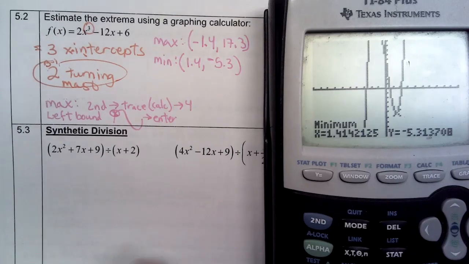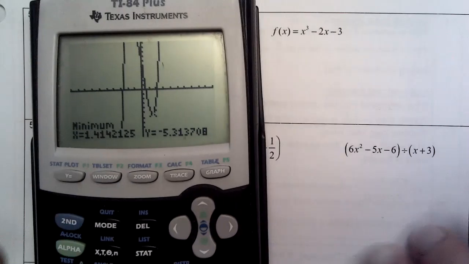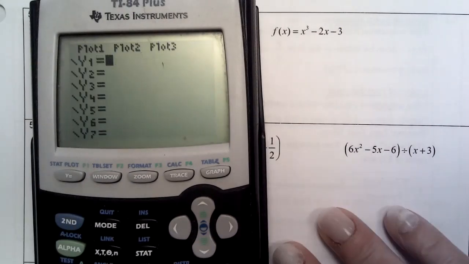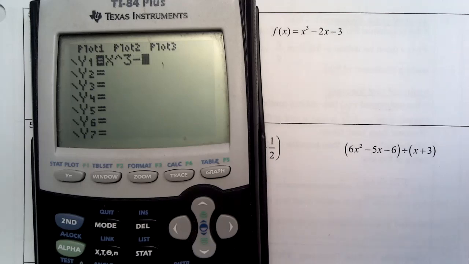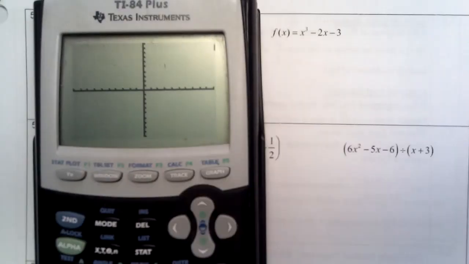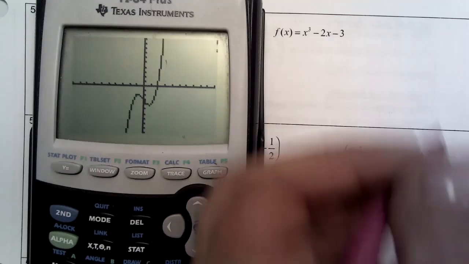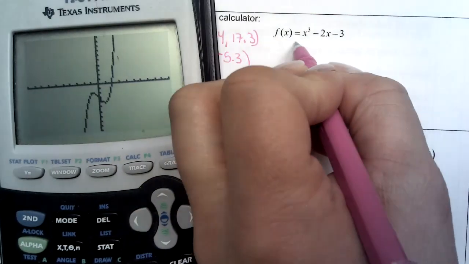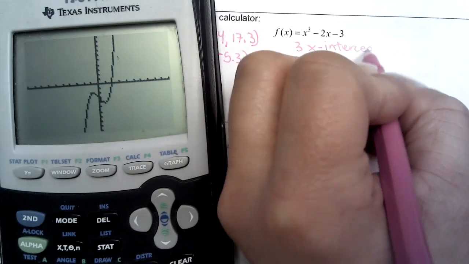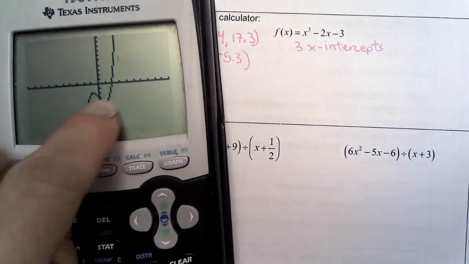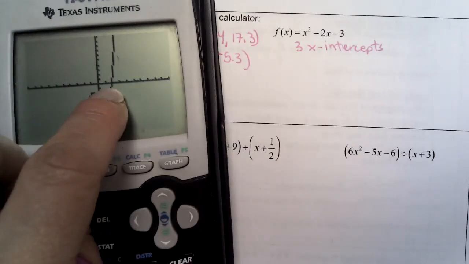Okay, so let's go ahead and take a look at this next problem. Y equals x to the third. You guys need to get very proficient at using your calculators. It's very important. So we know that this is going to have 3 x-intercepts. And remember I said, sometimes it might not look like it has 3 of them because sometimes it repeats.